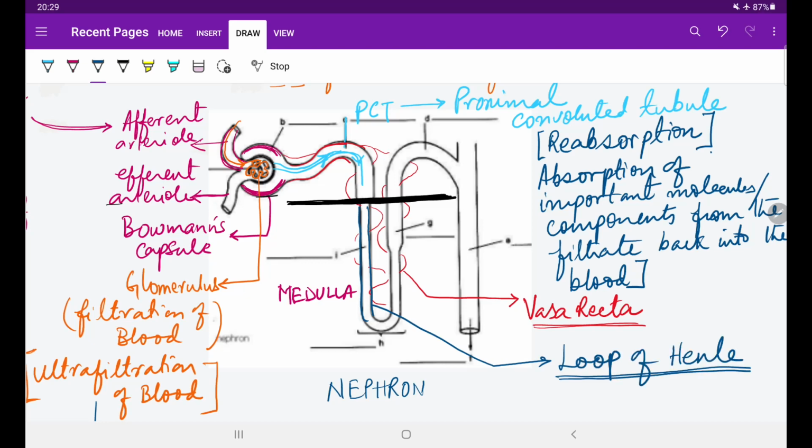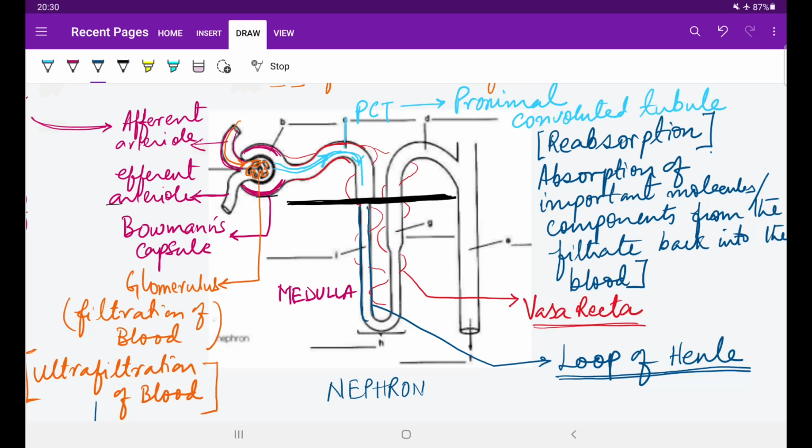One more concept has to be remembered here: as the depth increases, the osmolality increases. As the tubule becomes thin and the depth increases into the medulla, the reabsorption rate also increases.